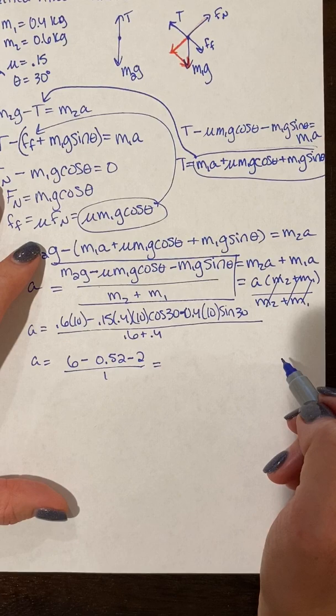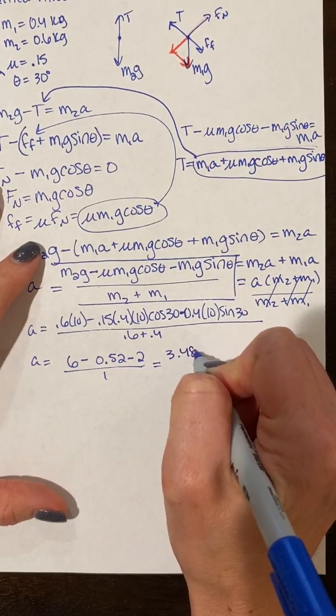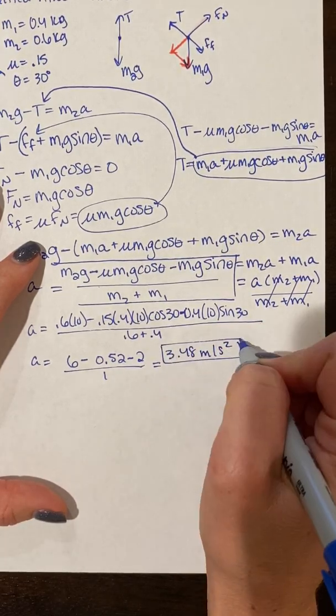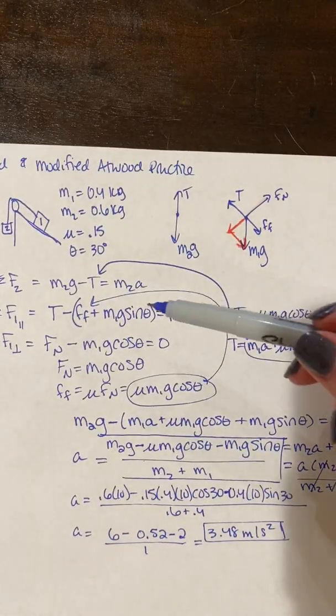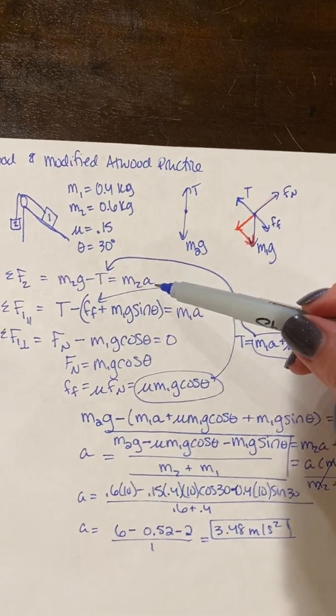So what is that? 3.48 meters per second squared. Yowza. All right, that's my acceleration. My tension is going to be easy because I just have it here.